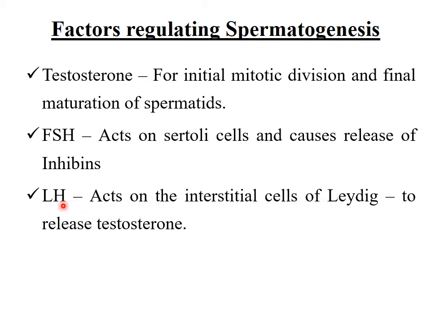So LH is also secreted from the anterior pituitary, but it acts on the Leydig cells. So L acts on L. If you see the first alphabet, L is acting on L. That is how you will be able to remember it. So Leydig cells will be stimulated by the luteinizing hormone secreted from the anterior pituitary.